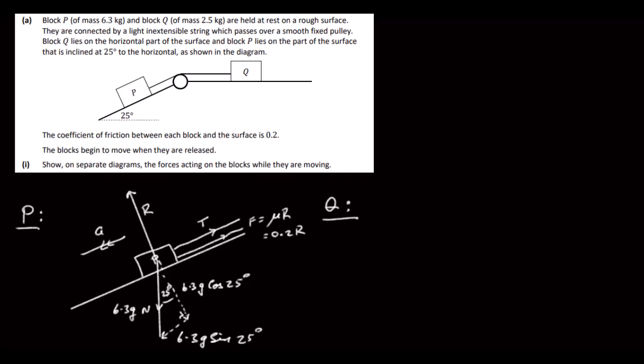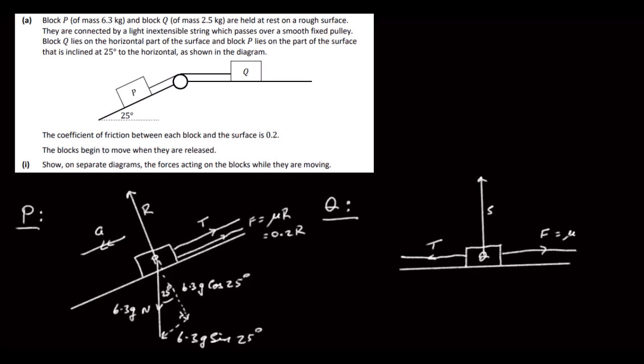Q then is on a horizontal part of the plane here, and it also has a string in this direction with tension T. It has friction to the right. And again, F is equal to mu times, let's call this one S. So it's in that direction there.